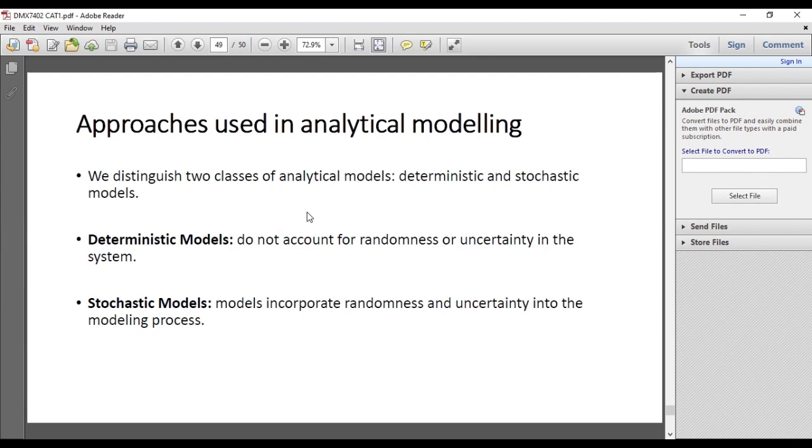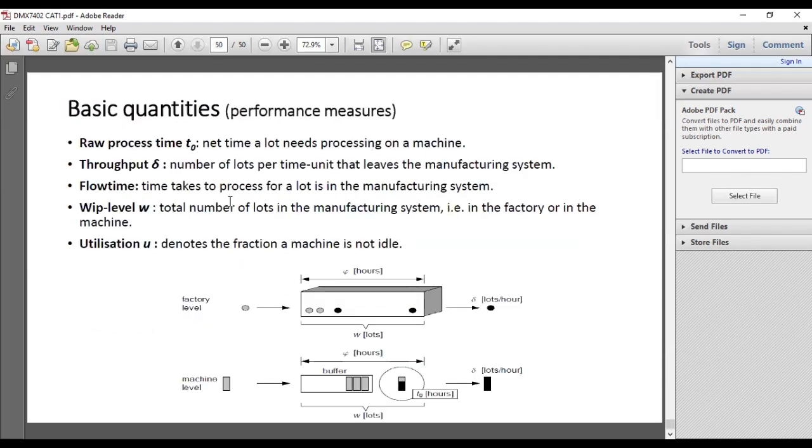In stochastic models, we incorporate random variations, like volume variations or machine breakdowns, into the system when modeling. We will be discussing all this later on. And I will send you another note also.